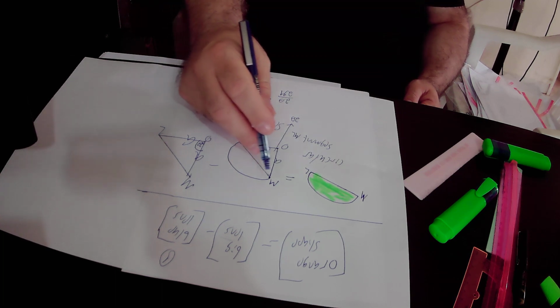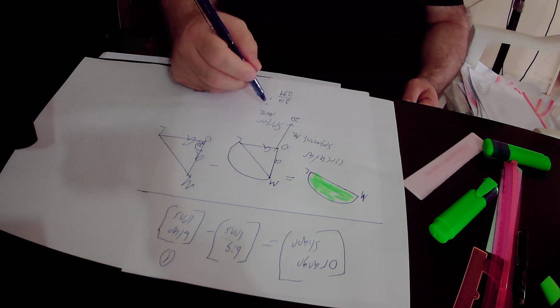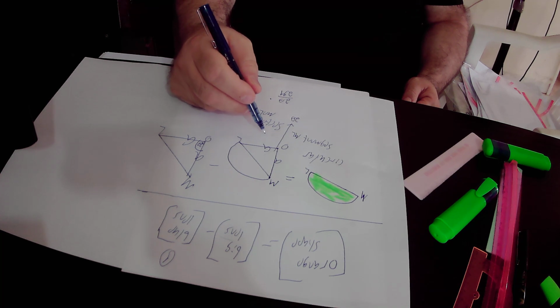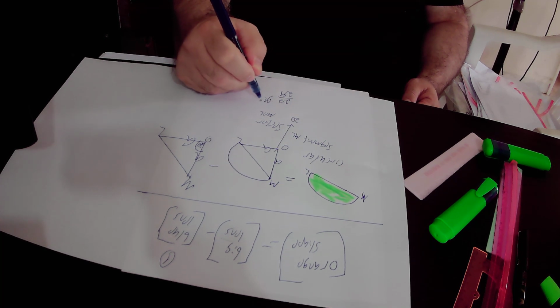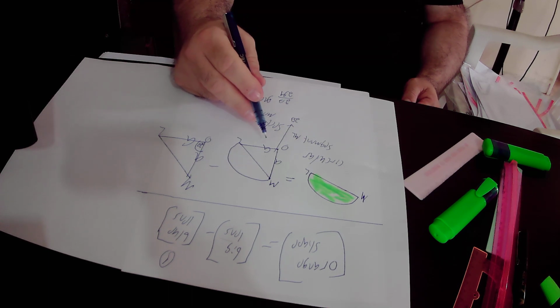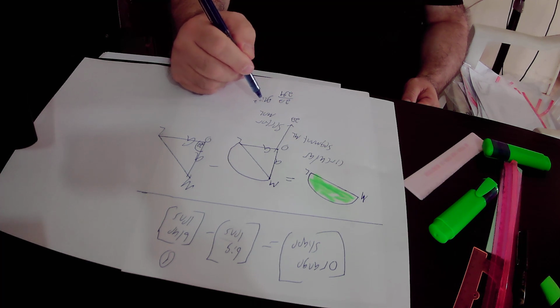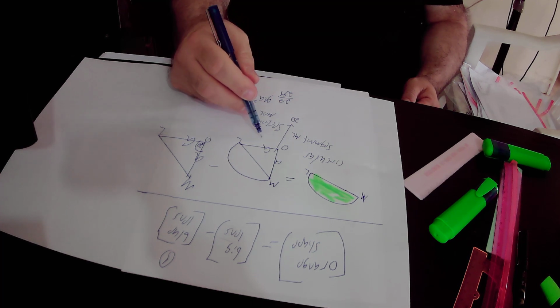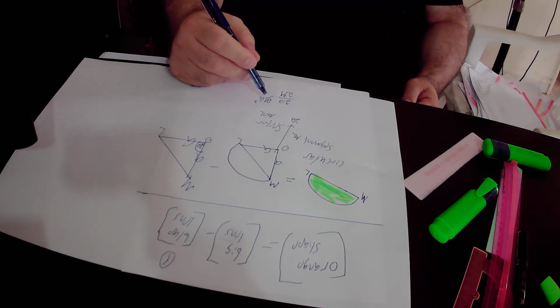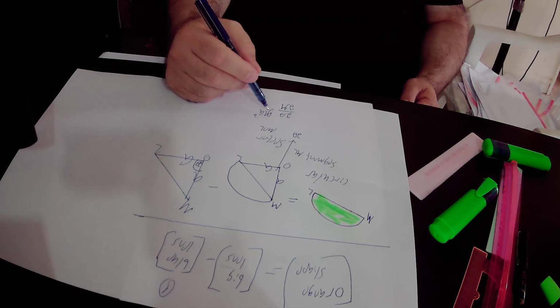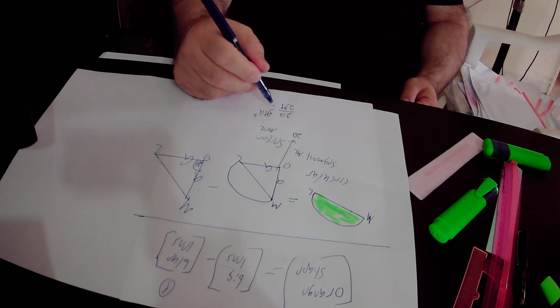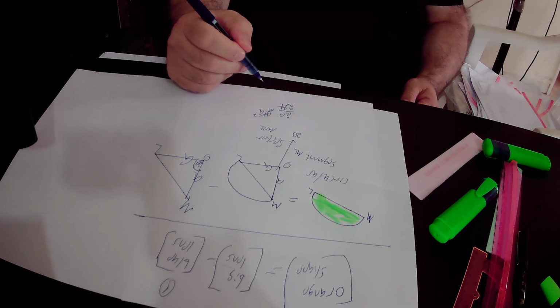So the area of the whole circle is pi r squared, and r equals a, so it is pi a squared. When you multiply the ratio between the two angles by the area of the circle, it gives us exactly the area of this sector. Okay, so here we have pi in the numerator and pi in the denominator, so pi gets cancelled.